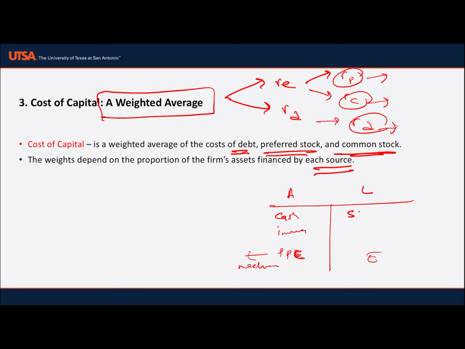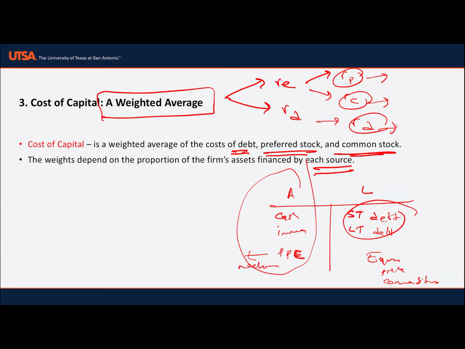On the other side we have liabilities and equity: short-term debt, long-term debt, and equity. Equity involves preferred stock and common stock, right? If the company finances its assets with 100% debt, we just write 0% for equity and 100% for debt. Or, let's say, 5%, 5%, 90%, etc.